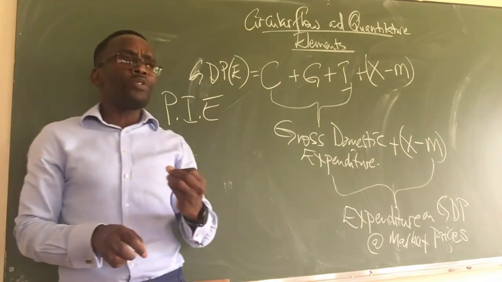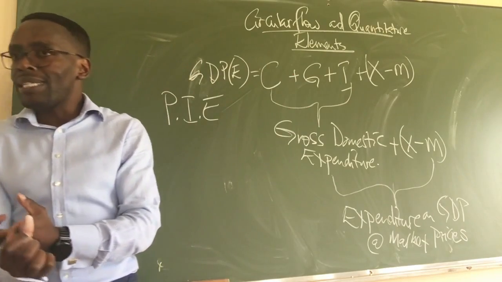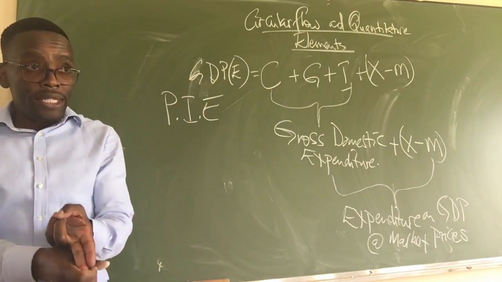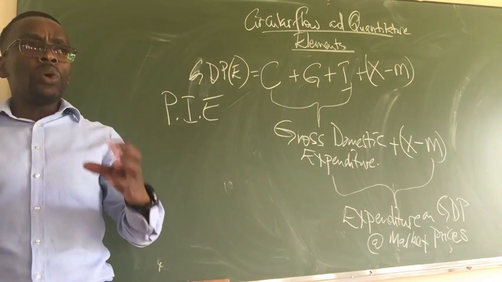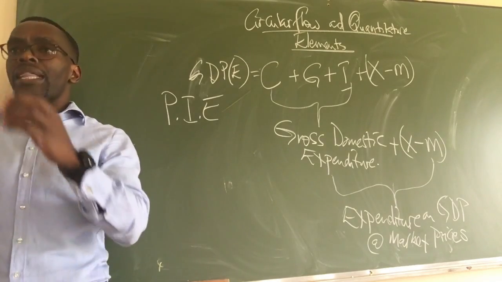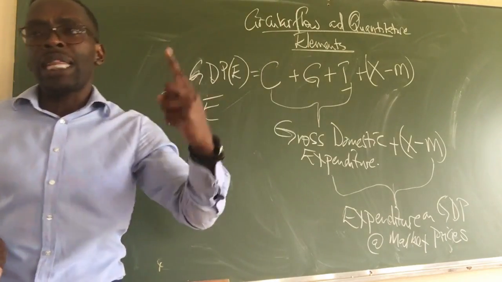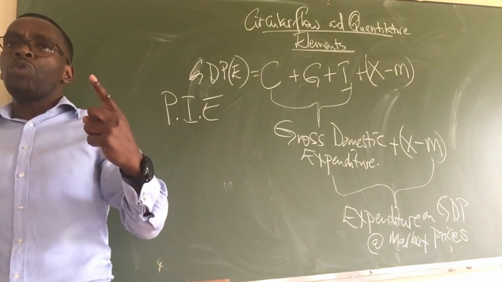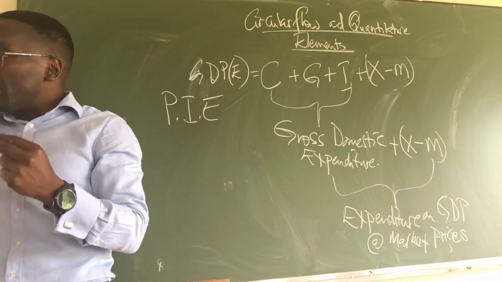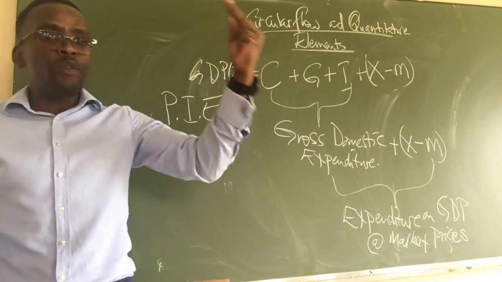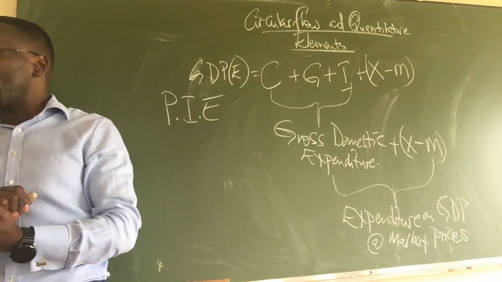Now, our sectors of the economy are generally three. We have the primary sector, the secondary sector, and the tertiary sector. When we look at GDP using the production method, we are asking how much value was added by the primary sector, by the secondary sector, and by the tertiary sector in these final goods and services.